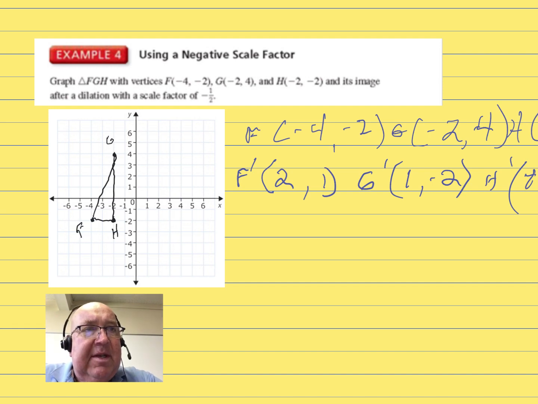So we're going to put those on the coordinate plane. 2 and 1. 1 and -2. And -1 and 1. So our new figure, little tiny, has the same proportions as our last, and we are good.